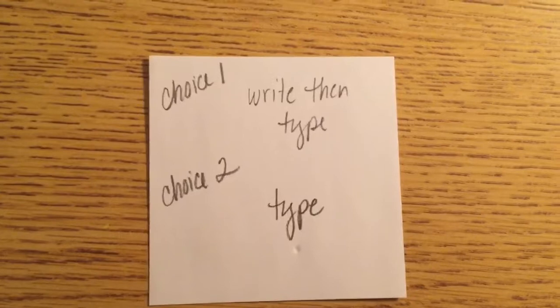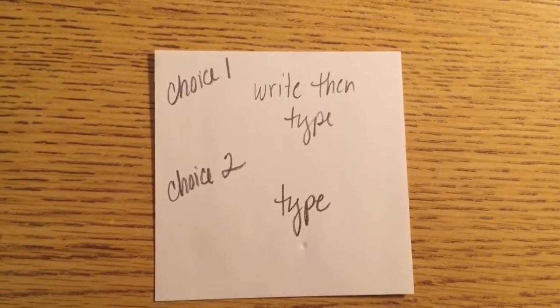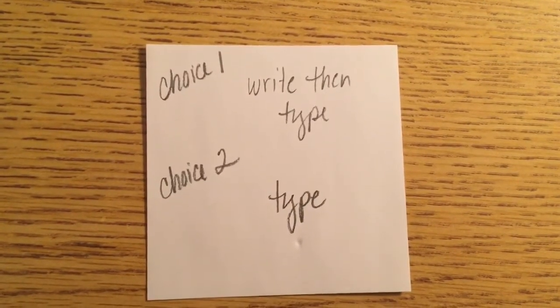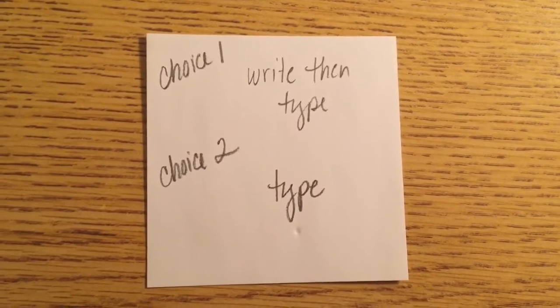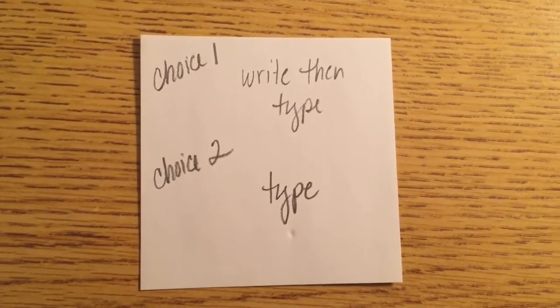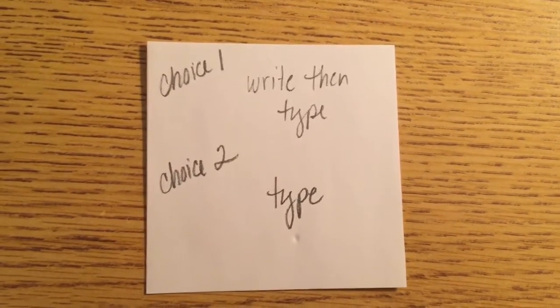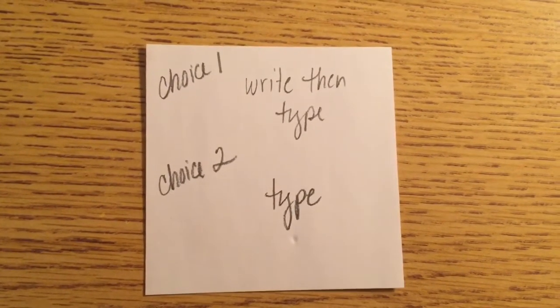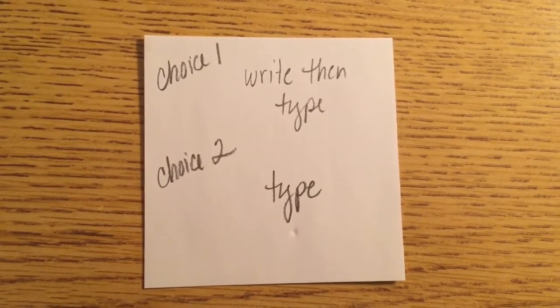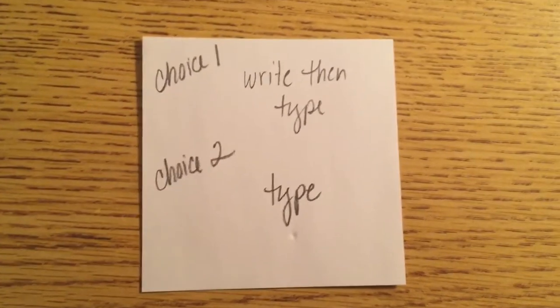Okay, now you're going to get busy writing your introduction paragraph, and I'm going to give you a choice on how you really want to do that. Choice 1 is to write it on a sheet of your own paper, and then to type it into pages. I will show you an example of how to do that in just a moment. Or choice 2 is just to start typing.